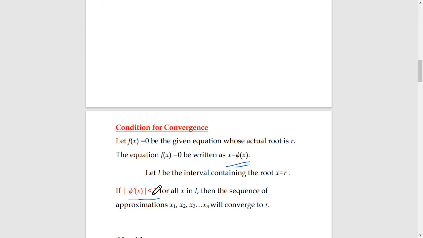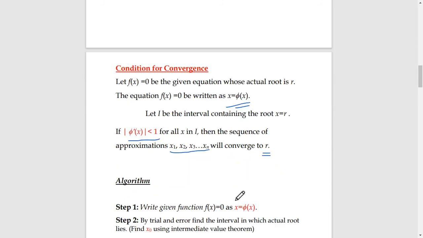If mod phi dash of x is less than 1, that is, the absolute value of the differentiation of phi of x is less than 1 for all x in the interval, then the sequence of approximations x1, x2, and so on, xn will converge to r. That means we need to choose the initial value very close to the real root in order to get convergence. That's the meaning.